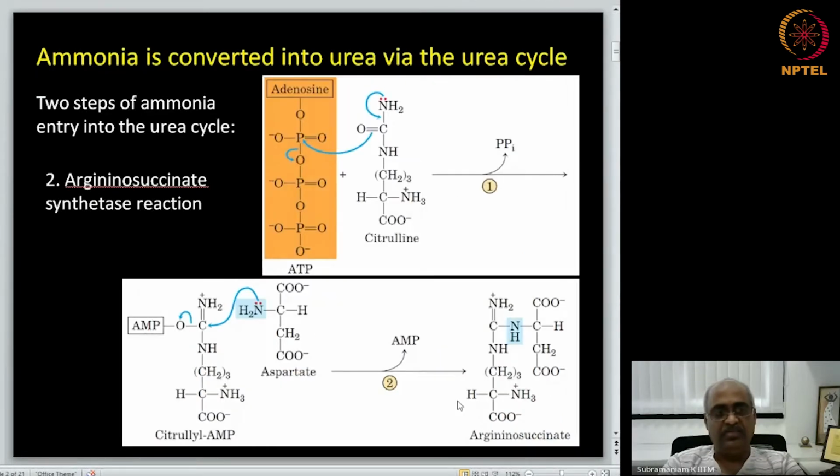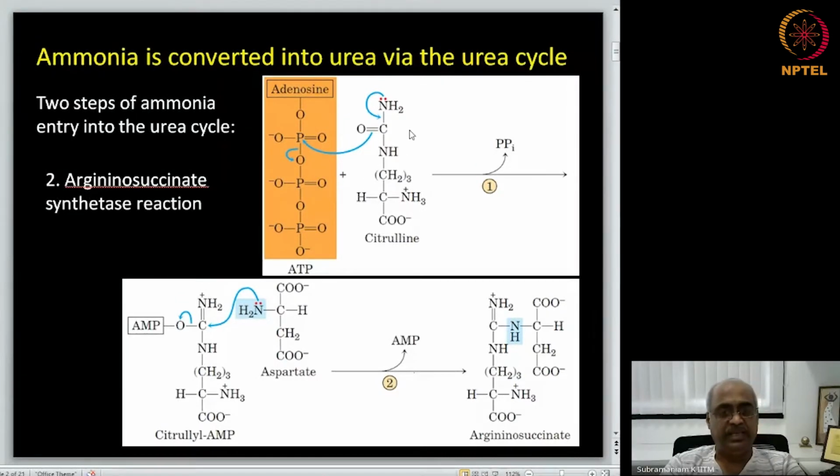The second one happens at another step in the urea cycle, which is entry in the form of aspartic acid. The amino group of the aspartic acid is combined with the citrulline, which we will see in a minute as part of the urea cycle. Here we are seeing that reaction as an independent reaction.